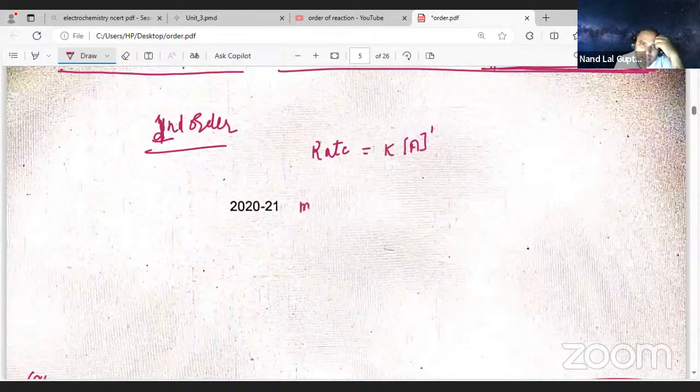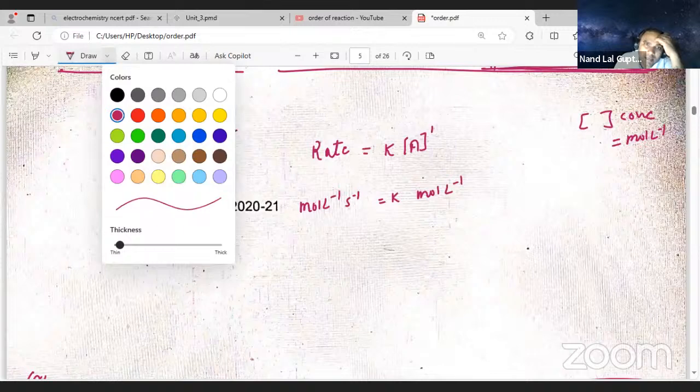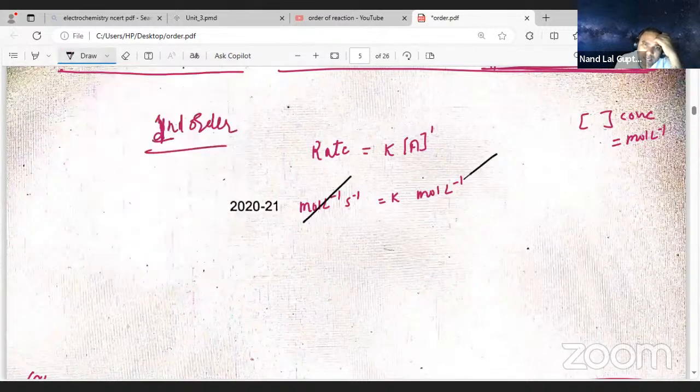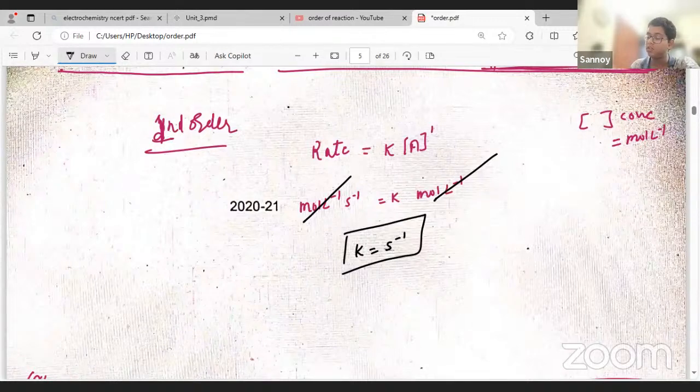So rate, mole per liter per second, is equal to K times the concentration, which is mole per liter. Now both mole per liter on the reactant side and product side cancel out. So K is equal to second inverse. Can you understand this one? Yes, sir. Okay, thank you.